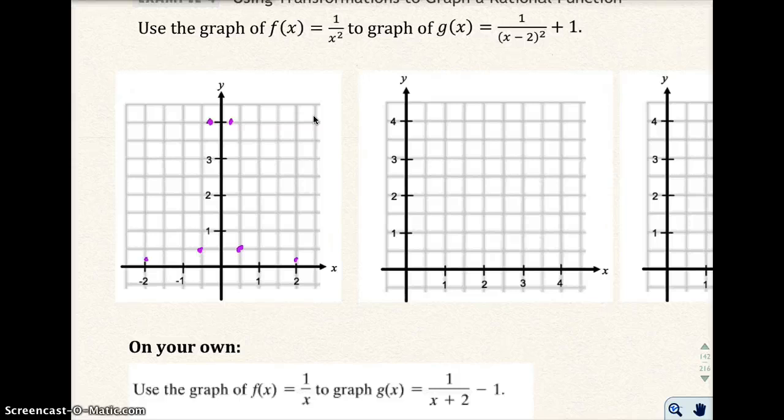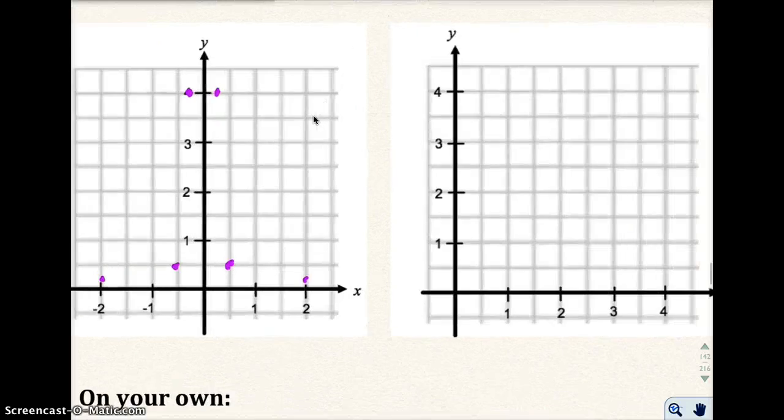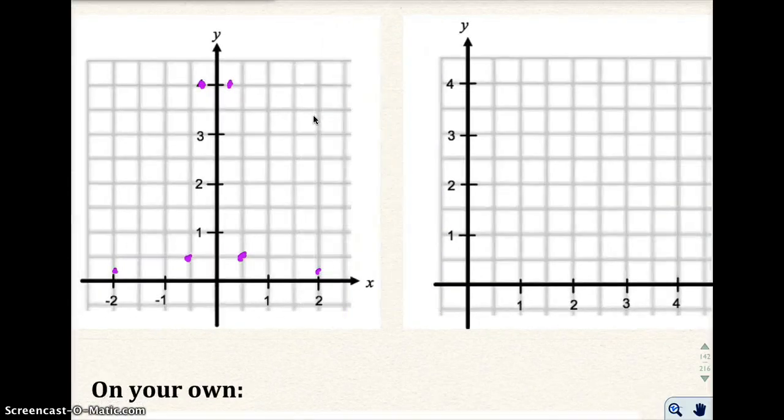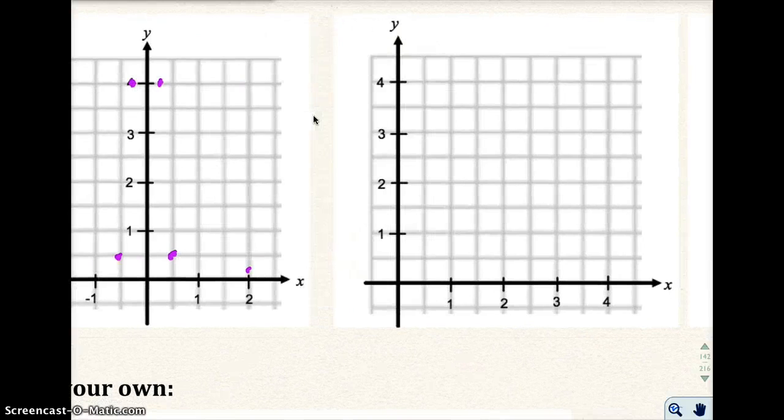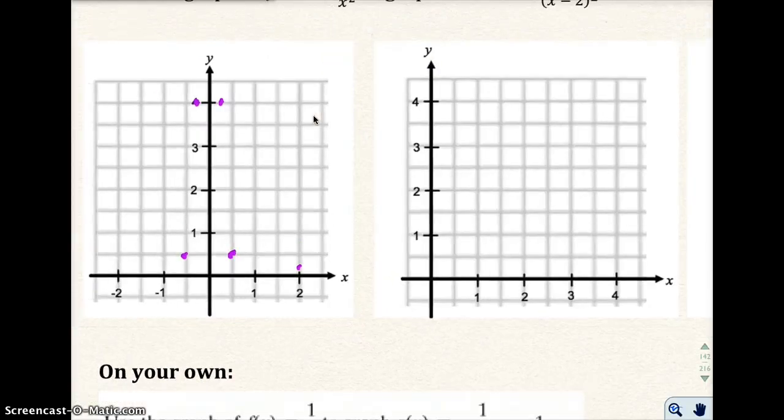So that's the original function. These are the points I want you to focus on.